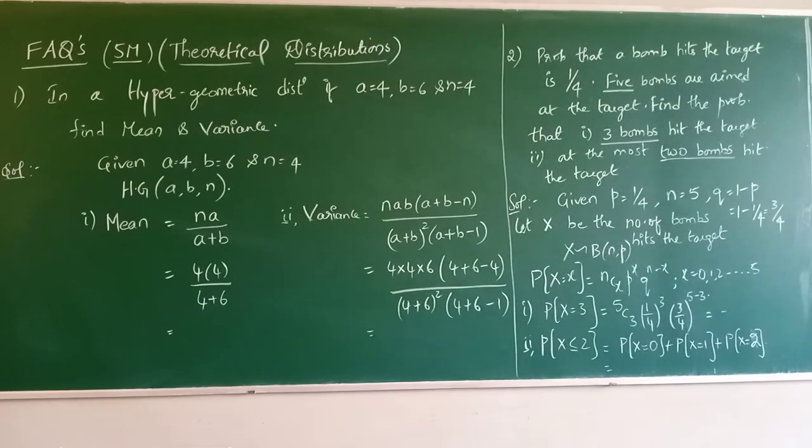Simplifying these 3, you will be getting the value of P of x less than or equal to 2, that means the probability that at the most 2 bombs hit the target.